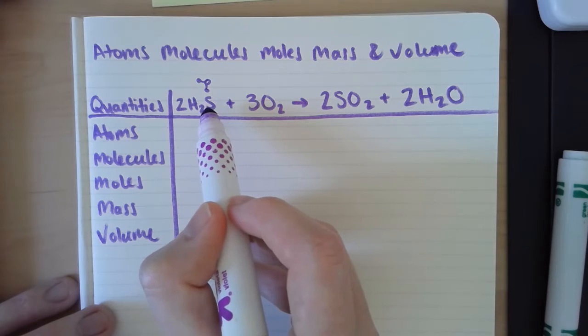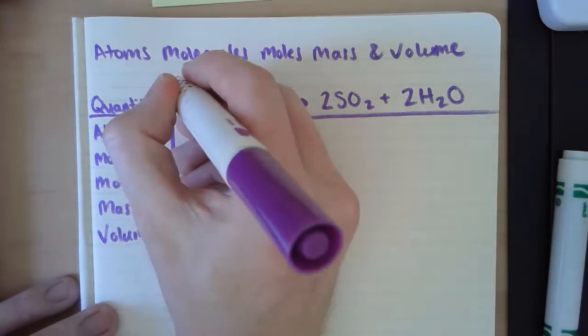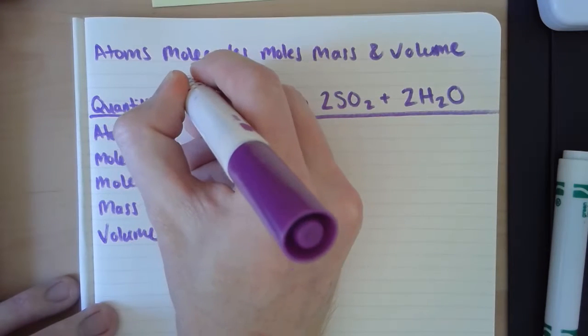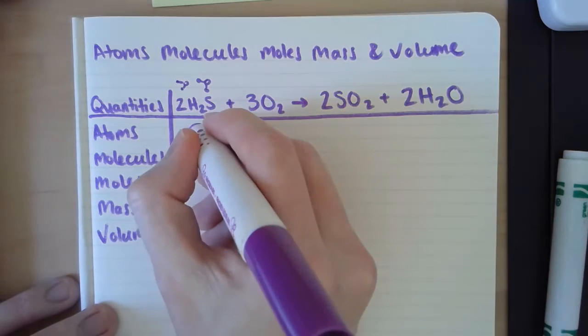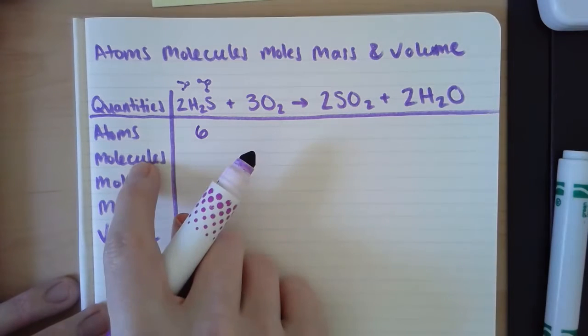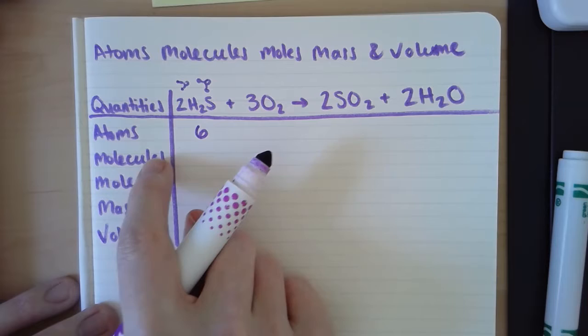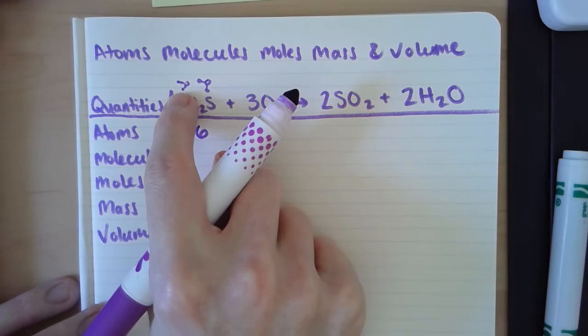We have 1 S, we have 2 H's, that's 3 atoms, all of that times 2, right? So if you imagine that there are actually 2 of these guys, there are a total of 6 atoms, okay?